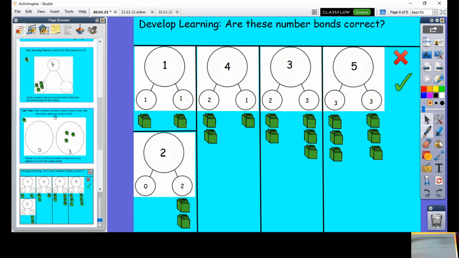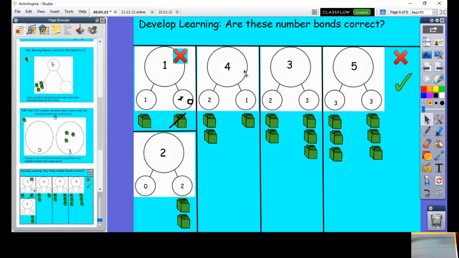So I need to cross out this one and this one, don't I? Okay, and that should be 0 instead. Okay, pause the video, have a go with your adults. Let us know which ones are correct and which ones are incorrect. Okay, boys and girls, you should have had a go with your adult. I put a cross on this one because it's incorrect.